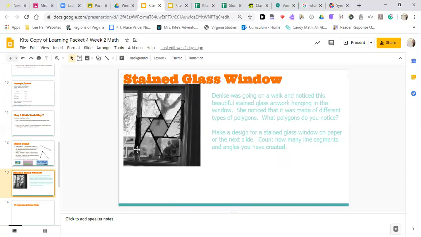Now it meets in 3 different places, 1, 2, 3. So there's 3 angles. Here in just this triangle, I found 3 line segments and 3 angles. So when you make yours, make sure you're keeping track of the line segments and the angles as you create it so you can tell your teacher where your line segments and angles are.